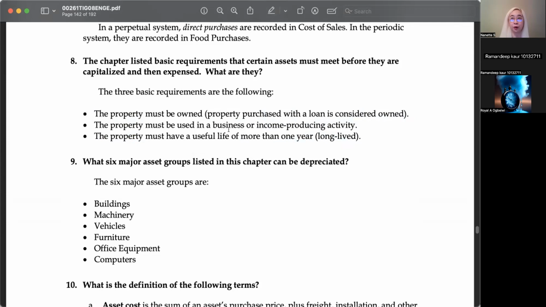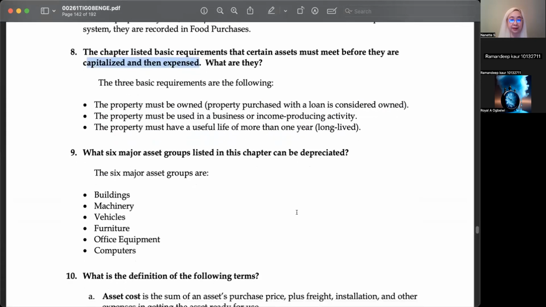So you can either open an office or a restaurant or an Airbnb. So it's an income producing business. And of course, the property must have at least 1 year lifespan. So this is when you can consider certain assets capitalized and then expensed.